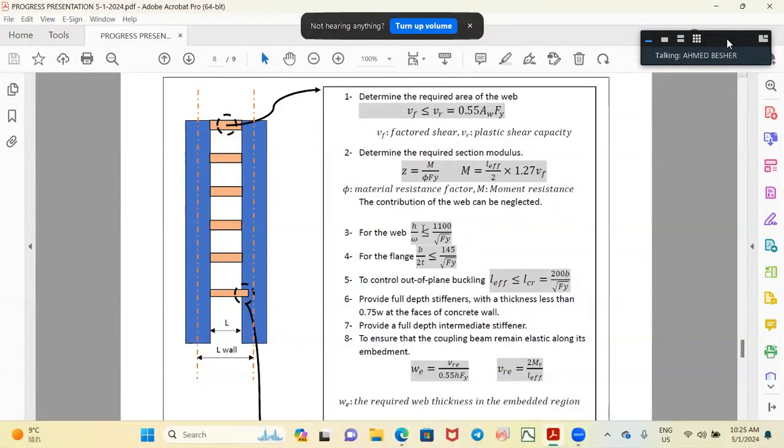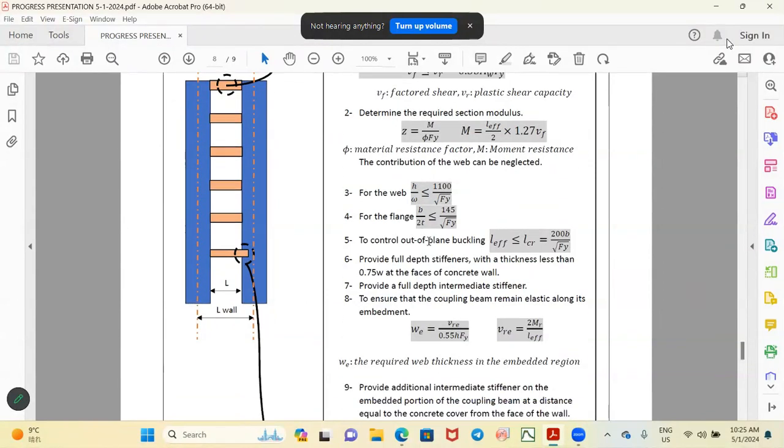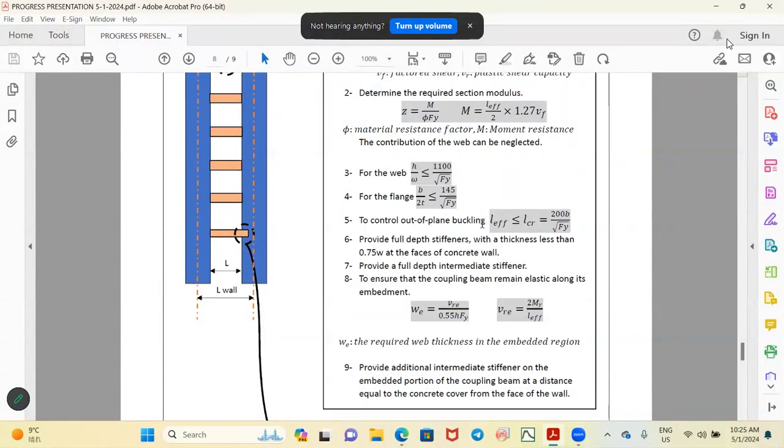We have to check the dimension of the web and the flange of the beam and control the out of plane buckling to make sure that the plane is safe, and to ensure that the coupling beam remains elastic along the embedment length. We should verify the web thickness during the embedment length inside the shear wall.